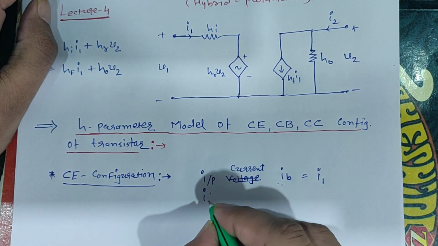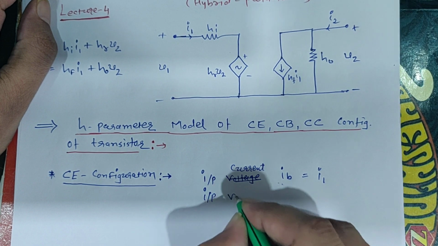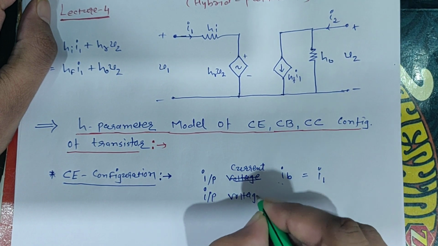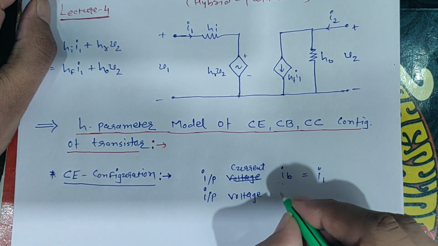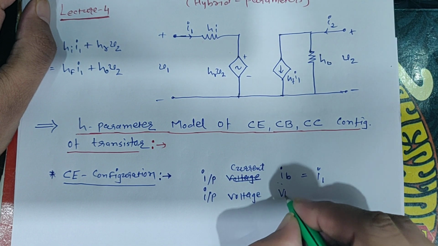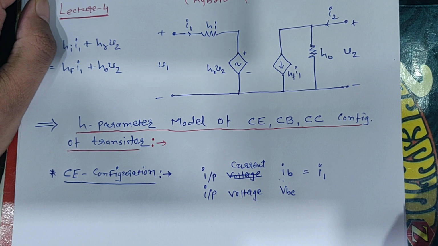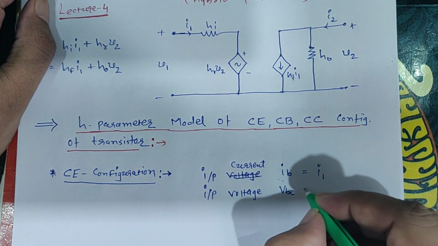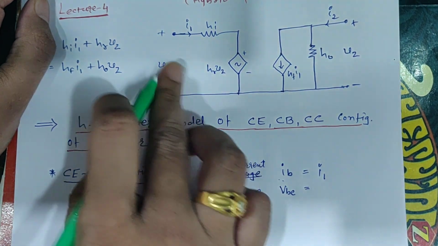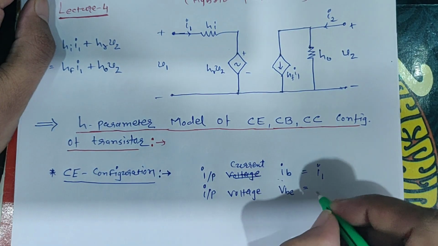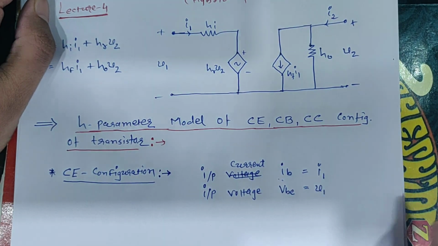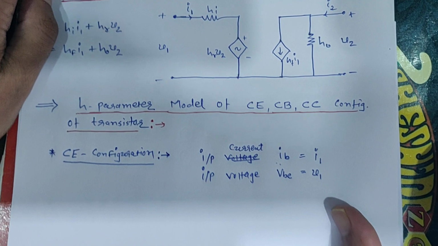Now the input voltage is nothing but VBE, and here it is V1. So we will replace V1 with VBE.